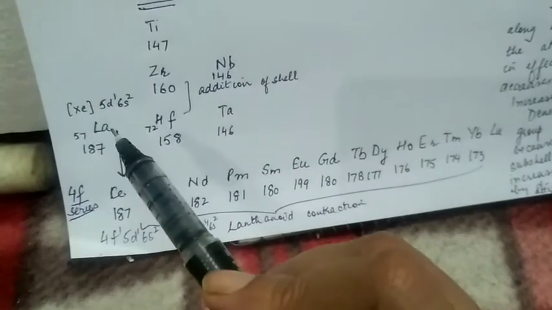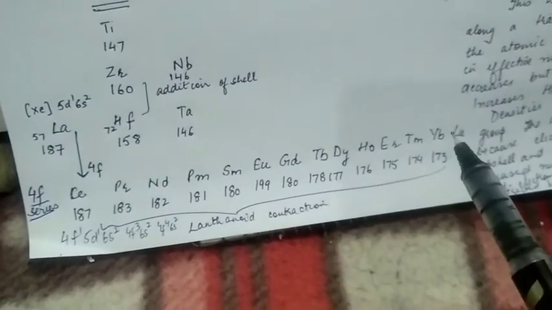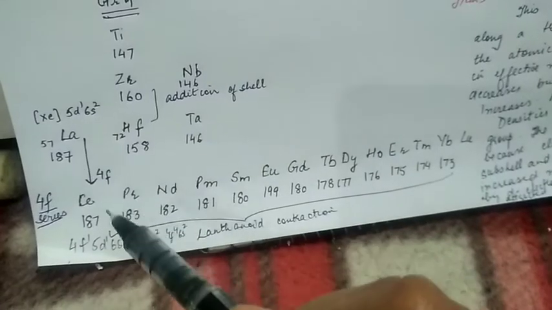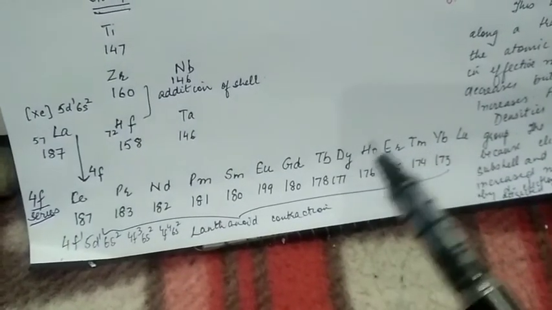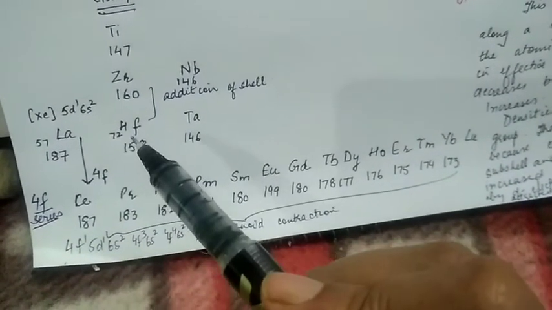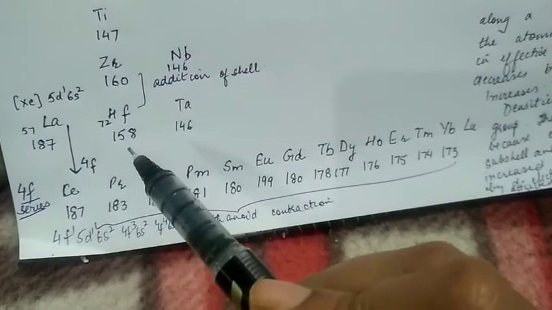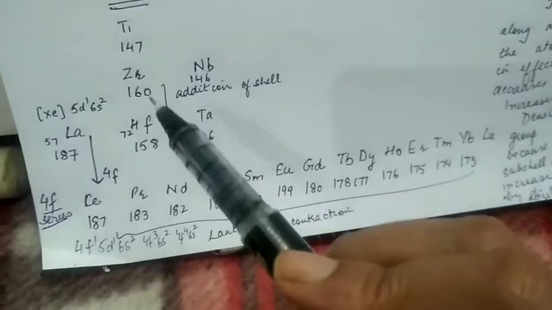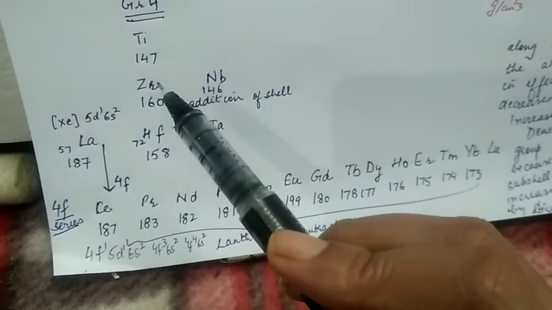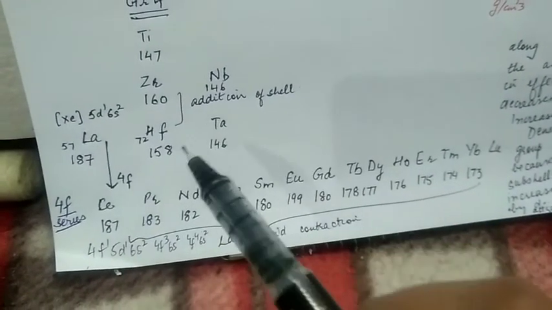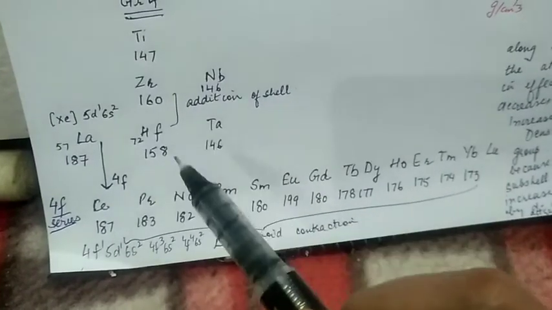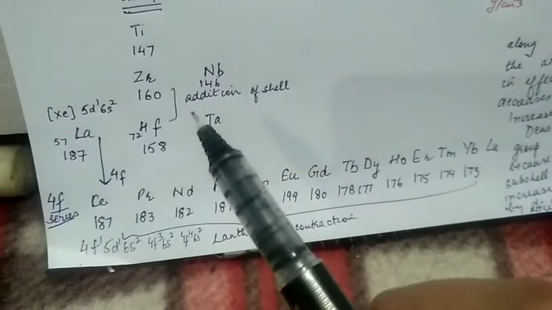So in moving from lanthanum towards lutetium, the size goes on decreasing, and when it reaches 72 hafnium, the size has decreased to such an extent that it is same as that of the second transition series. Hence the atomic radii are almost the same.